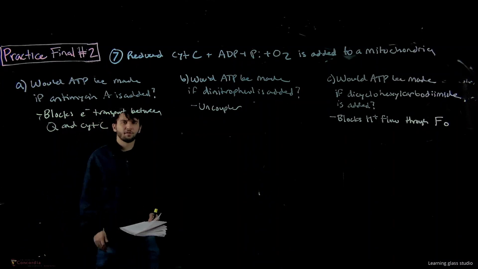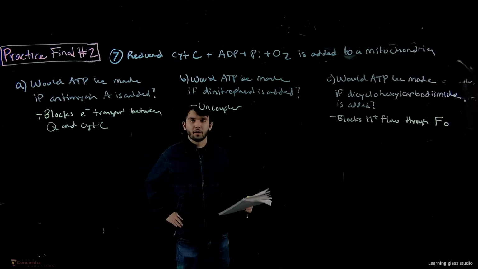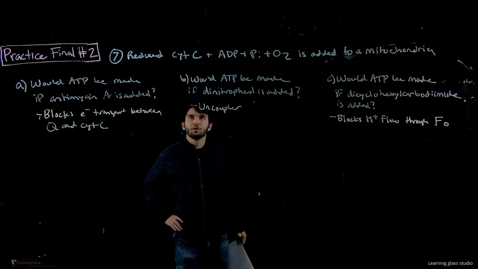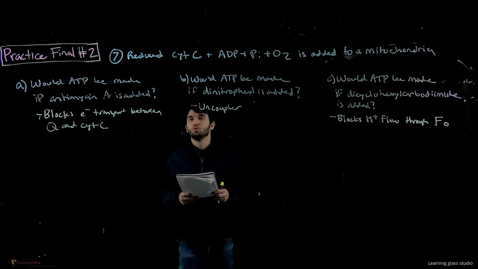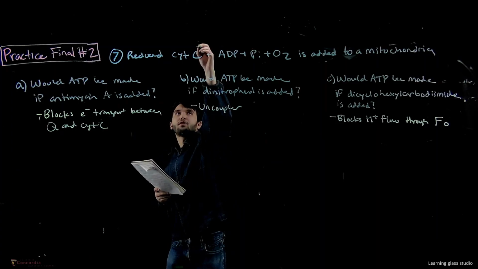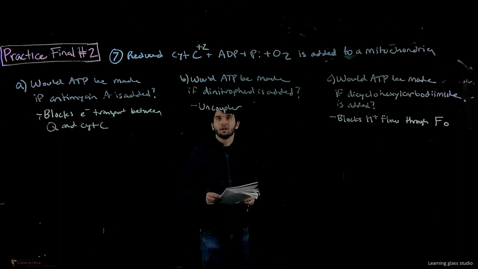Question 7, this is very similar to a previous question about the different ways oxidative phosphorylation can be disrupted, but this is a little different. Reduced cytochrome C, so cytochrome C plus 2, plus ADP plus Pi plus O2 is added to the mitochondria. From this, normal ATP can be made.